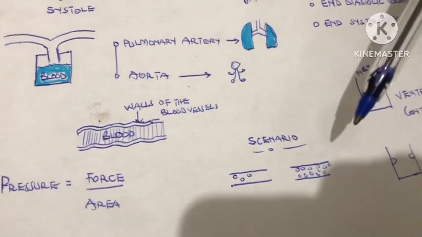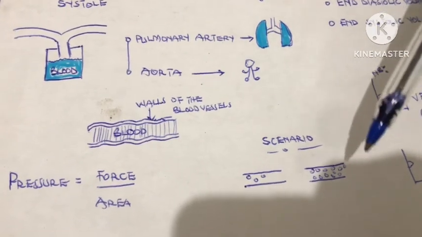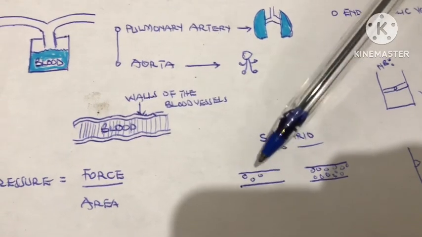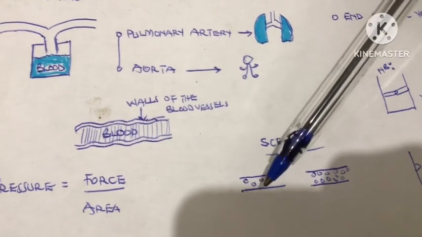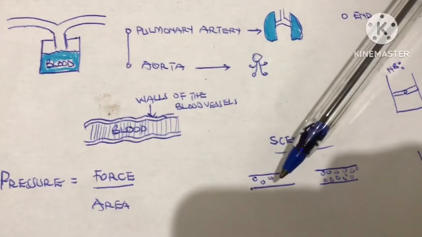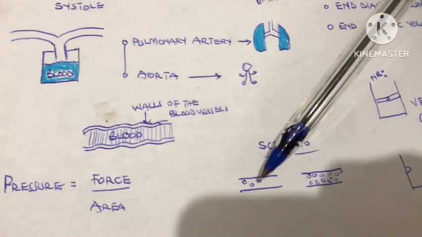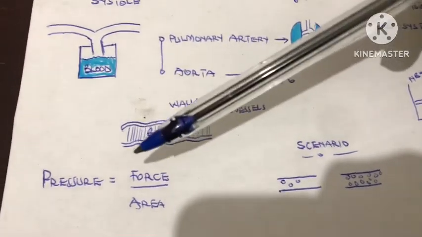Pressure. And that pressure is called systolic pressure or contraction pressure. You understand? So the pressure in the blood vessels after contraction is called what? Systolic pressure. And when there is very little blood in the blood vessels, it can't exert much force on the walls of the blood vessels, and thereby the force becomes low, and low force will give us what?